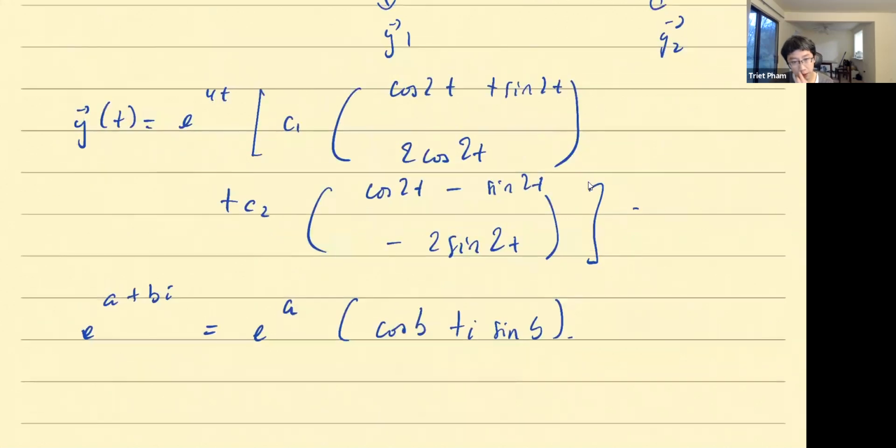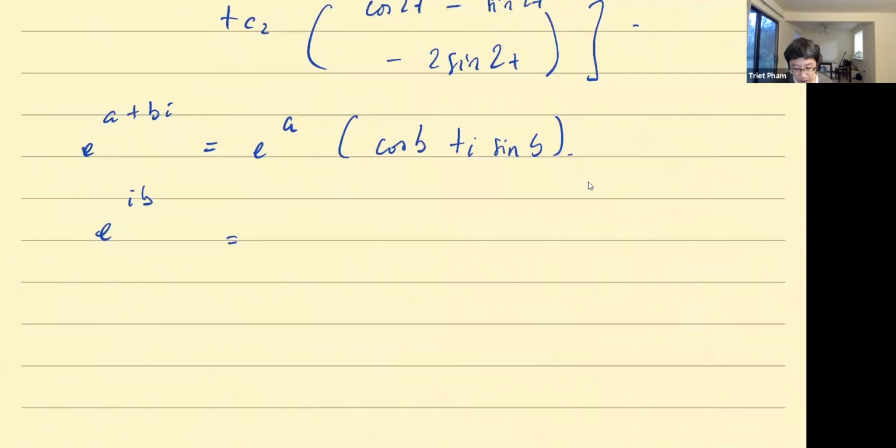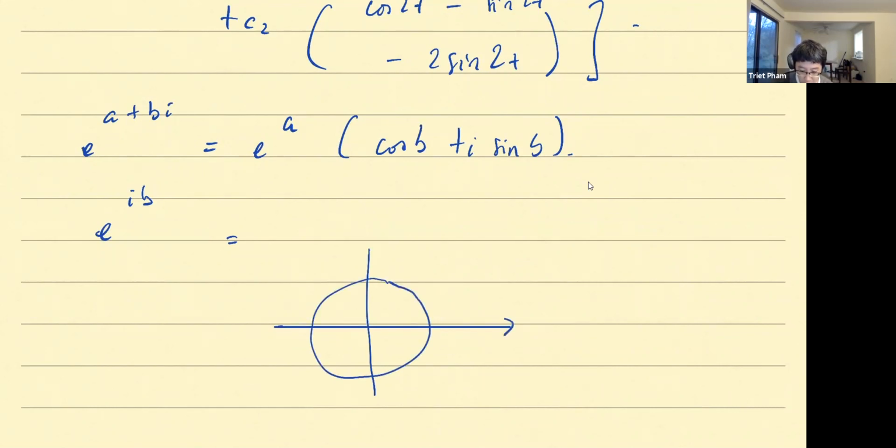I'll get to you, Ron. But Carl, it's actually very simple. I think it all only comes from this e to the ib. Just remember this. It is strongly motivated, and it's the same thing as the unit circle for cosine and sine, if you remember your trick.